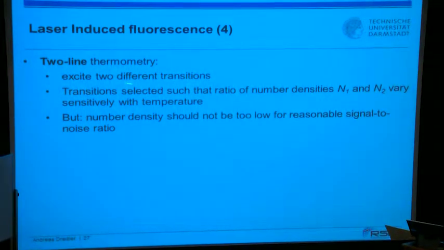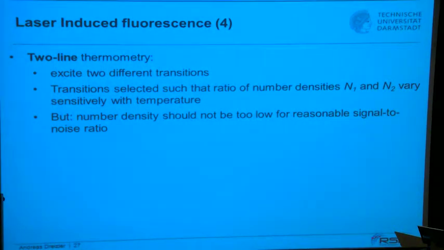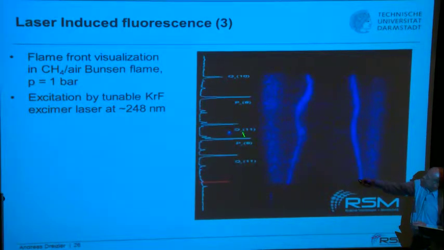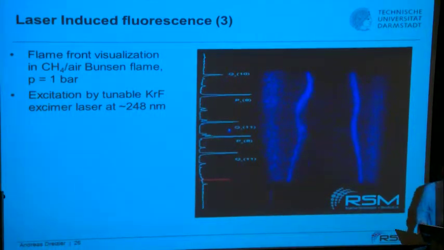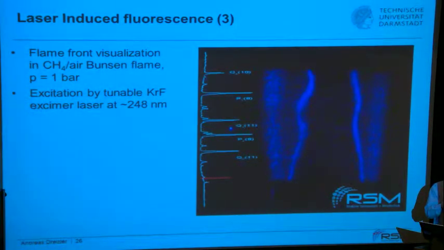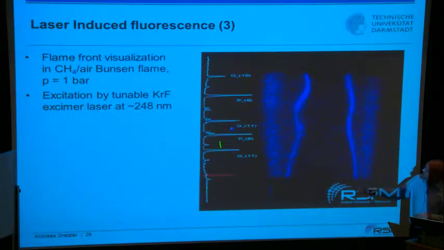At least you have to excite now 2 different transitions. If you do this in a turbulent flame, I go back here, maybe you have selected this line and this line to do your 2-line thermometry. In a turbulent flame, you have to do that quasi-simultaneously. That means you need at least 2 lasers, tuned to this and this transition, fired maybe with a separation of a couple of 100 nanoseconds, and 2 cameras synchronized to these laser pulses.